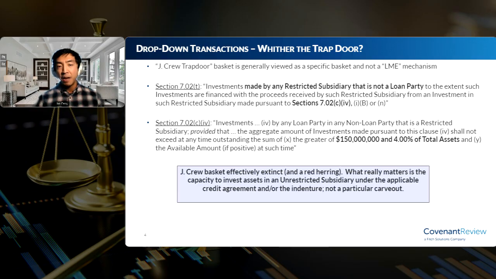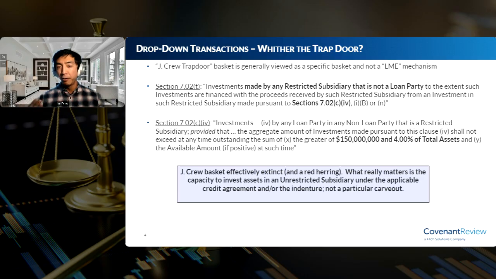And at the time, Covenant Review and others said, well, there is this loophole. It exists. Someone could use it. But I think most of the market thought, well, I don't think anyone is going to use it because it's silly and the result is absurd.